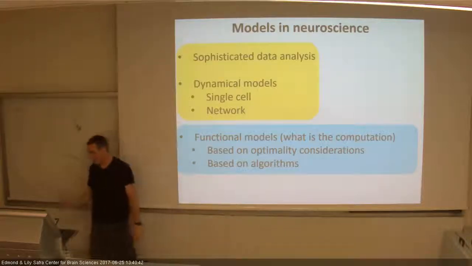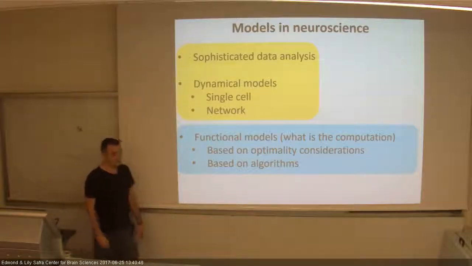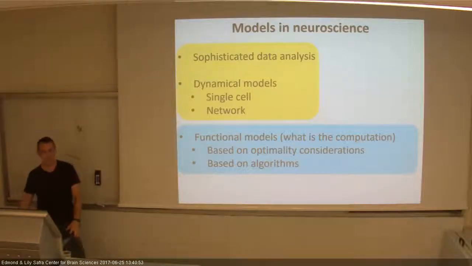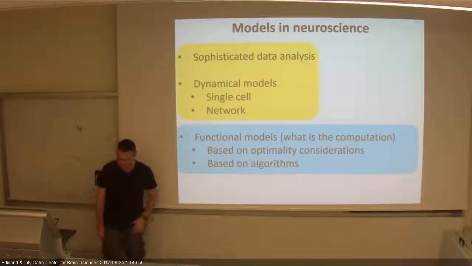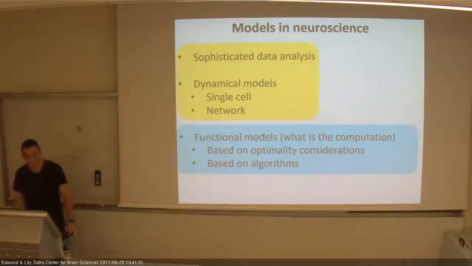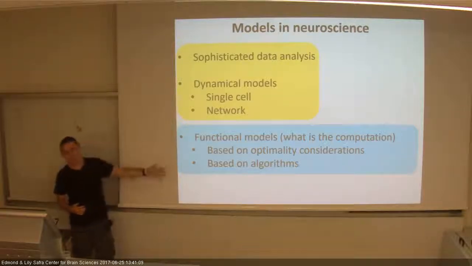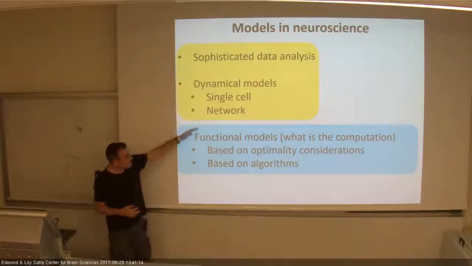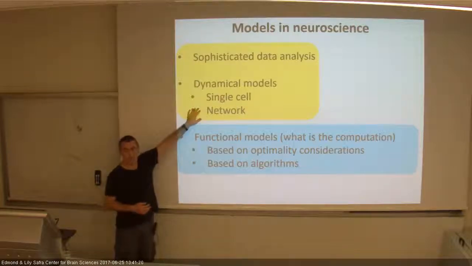There are assumptions about evolution. We study the eyes, and we say, okay, we evolved to find prey and escape predators, and this is why we need to make these computations. We need to be sensitive to motion, and indeed we see that the eye is sensitive to motion, and so on and so forth. So here there are many assumptions, and eventually this will break down, because this is reality.